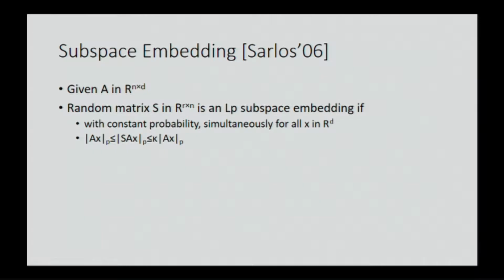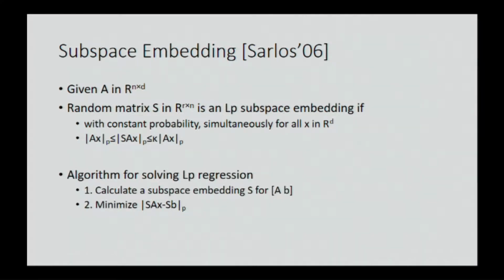With constant probability, and here the order of quantifiers is important, simultaneously for all d-dimensional vectors x, the p norm of SAx is the same as the p norm of Ax up to a distortion factor kappa. Okay? This is a subspace embedding.